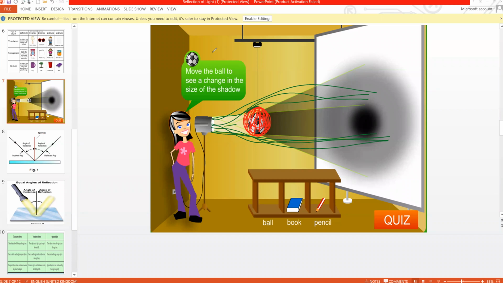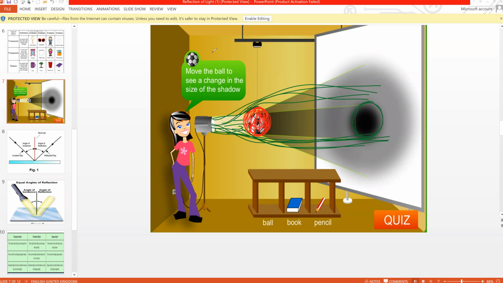The ball will not allow the light to pass through it. So these light rays are diverted from the edges, and finally the ball is reflected like a shadow here.